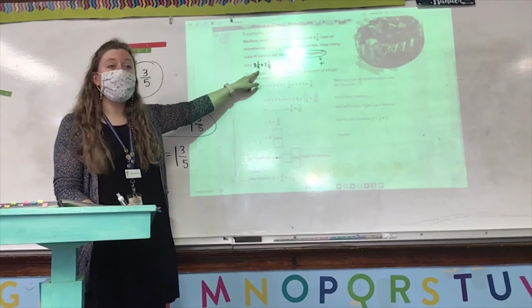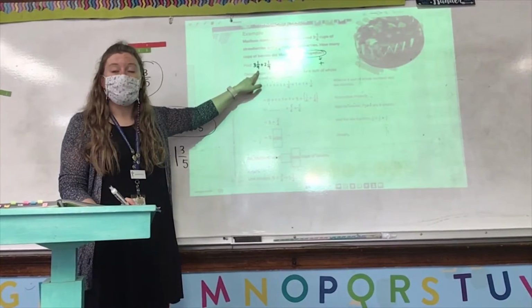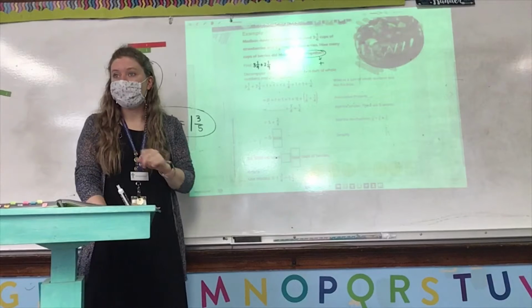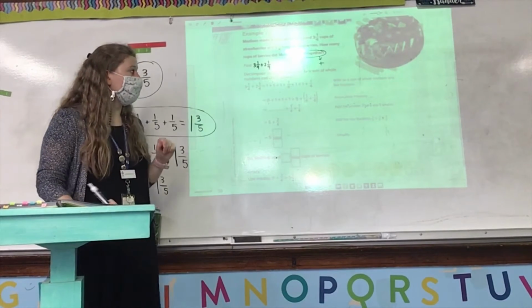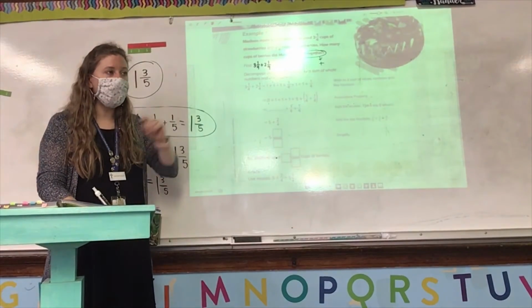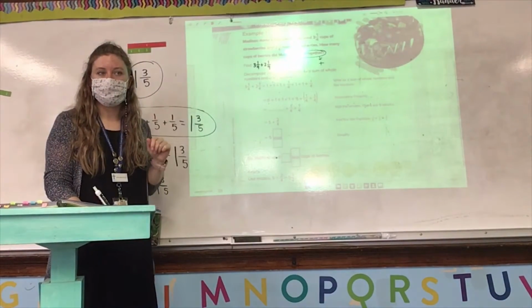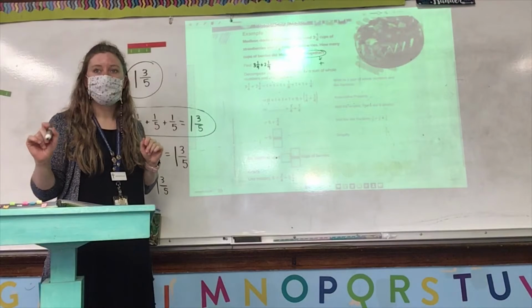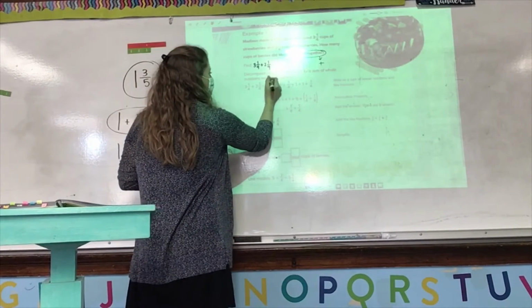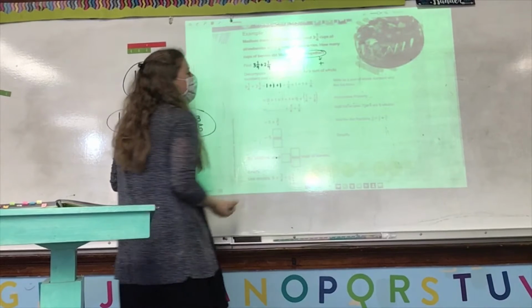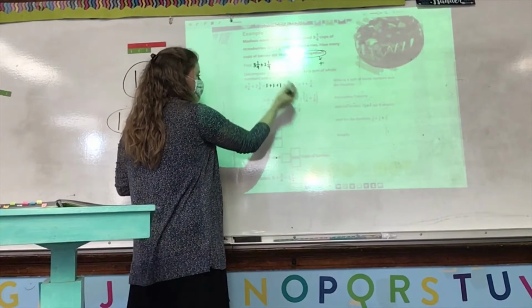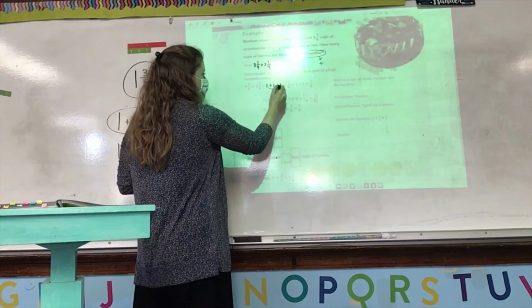And then we took the fraction and we added 1/4 however many times the numerator told us to. So, for 3 1/4, how many whole numbers are in 3? Class? 3. So I'm going to add 1 plus 1 plus 1 because all together that is 3.